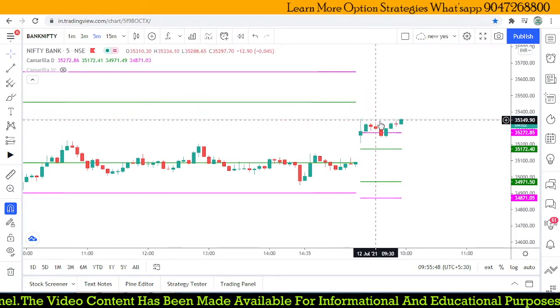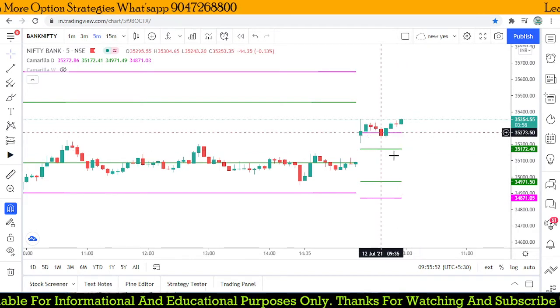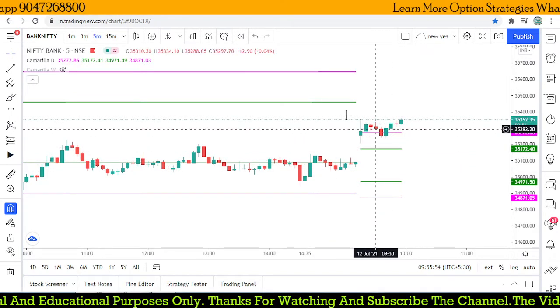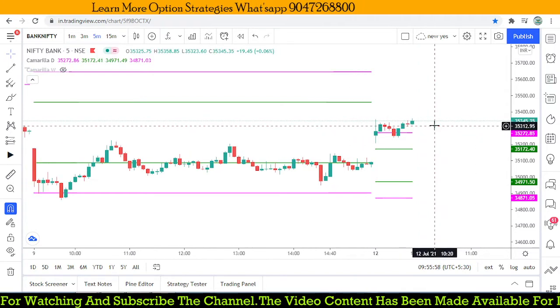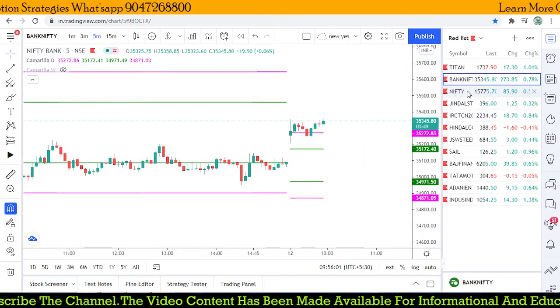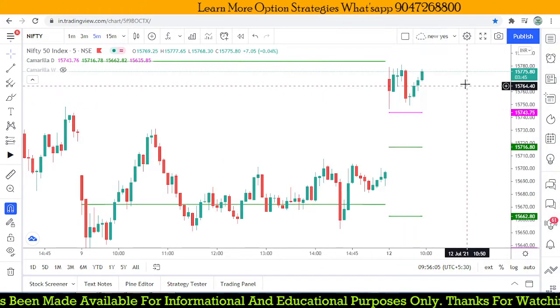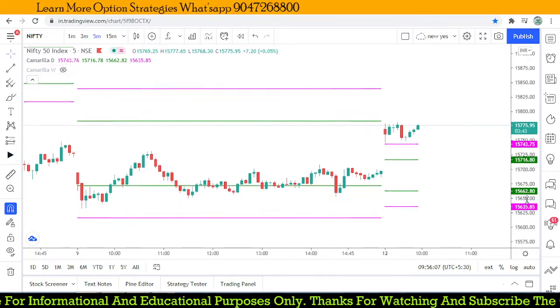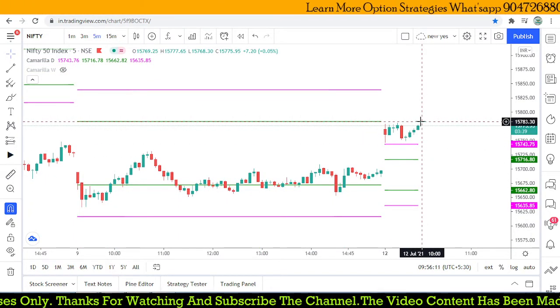Whatever trade you take, you can keep the stop loss below that R3, and that should give you better trade opportunities. That is the Bank Nifty case, and Nifty is also open above R3 and now stays above R3, showing strength as it broke the previous day's R3 resistance.